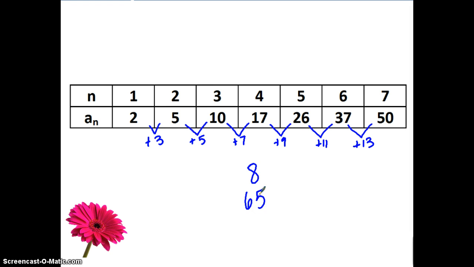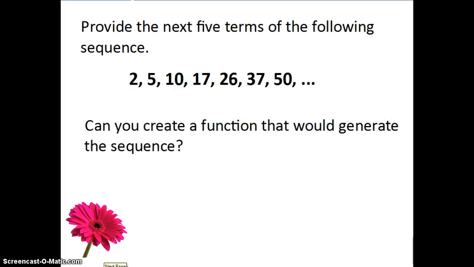So that's what we're talking about with a sequence, or a pattern of numbers. This does say provide the next 5 terms of the following sequence. We have already found the next one, which was 65, and we got that by adding 15. Next we would add 17, so 65 plus 17 is 82. Then next we would add 19, which will take us to 101.